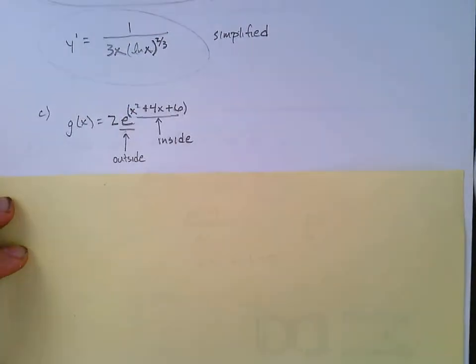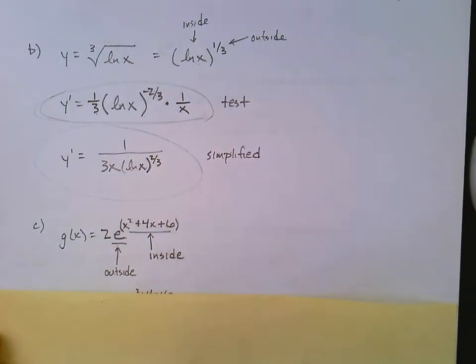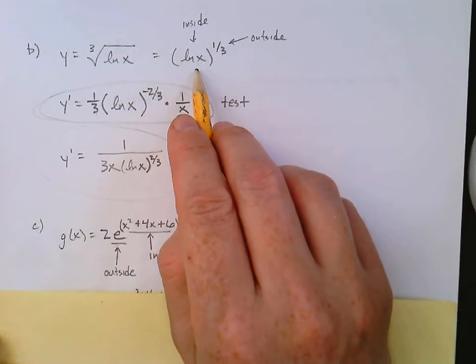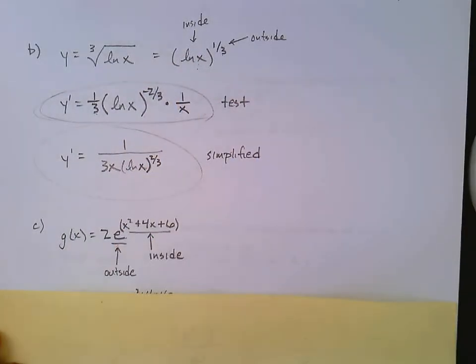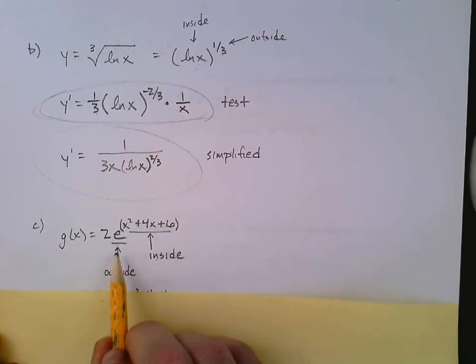And now this almost seems backwards for a moment. In the previous problems, right, even we can just look back to part B, the exponent was the outside, the inside was the natural log x, and very similar for part A. But here they're reversed. Here the exponent is the inside, and the outside is the e.